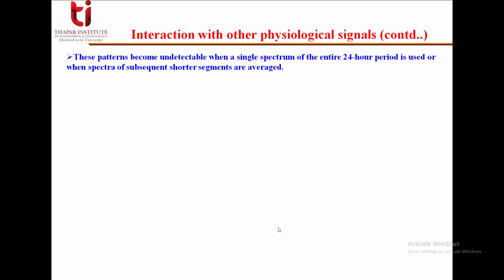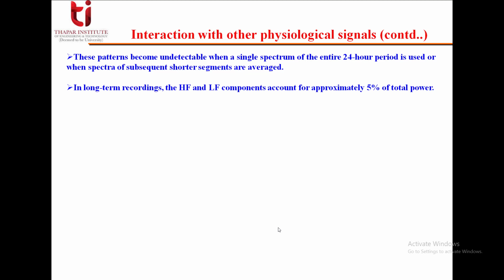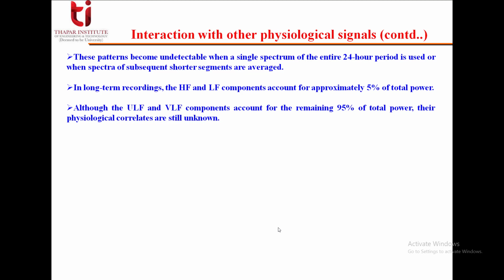These patterns become undetectable when a single spectrum of the entire 24-hour period is used or when spectra of subsequent shorter segments are averaged. In long-term recordings, the HF and LF components account for approximately 5% of total power, although the ULF and VLF components account for the remaining 95% of total power. Their physiological correlates are still unknown.